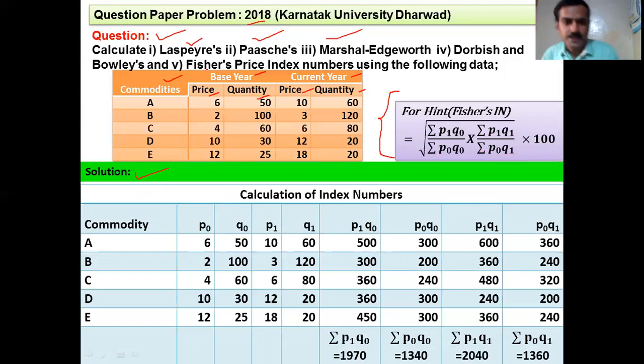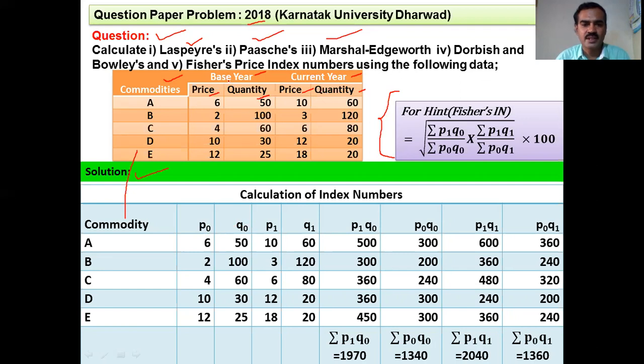In the solution, we have to prepare the table first, the calculation of index number. The first column is commodity: A, B, C, D, E, as given in the question paper. Then P naught, Q naught. As I said, 0 is used for base year and 1 is used for current year.